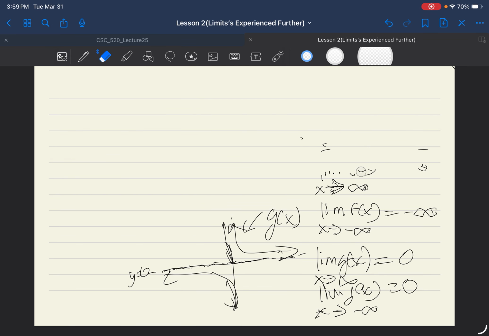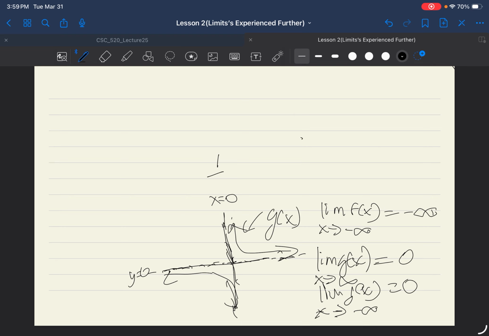which will be approaching from the left and right sides. As you can see, there's also a vertical asymptote here at x equals 0, because this function is 1 over x, g of x, as you can clearly tell.